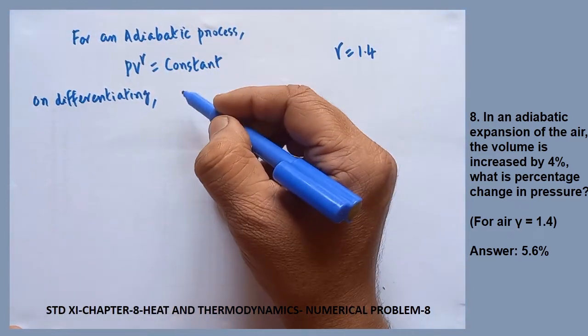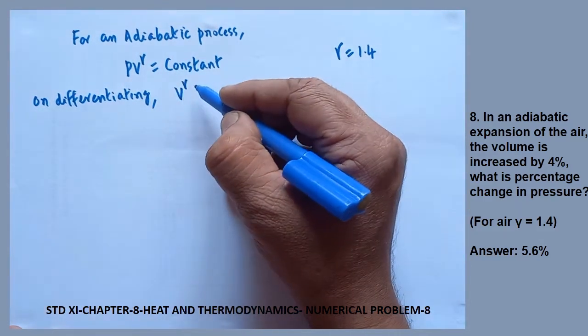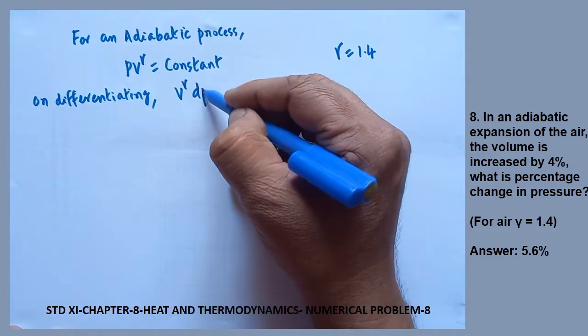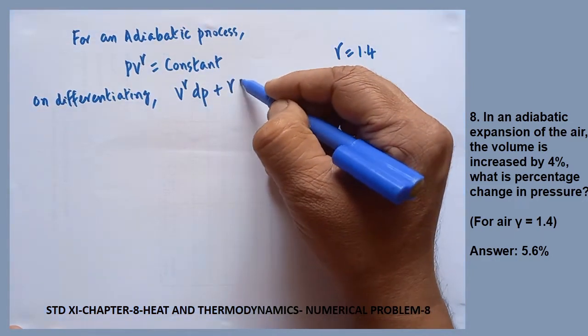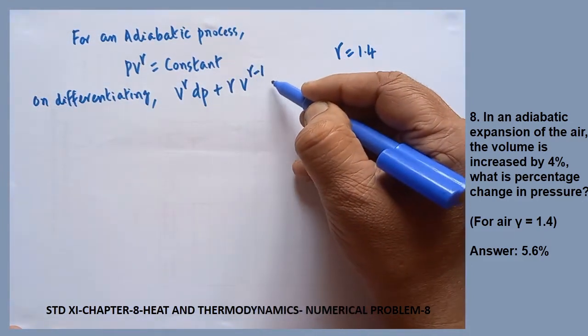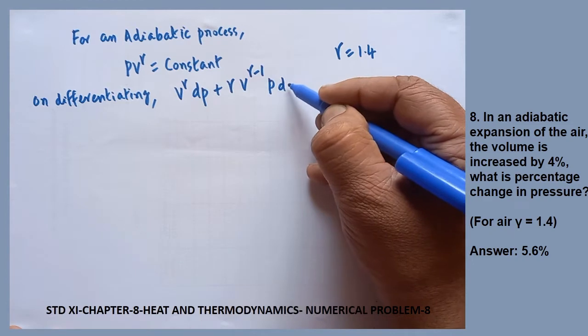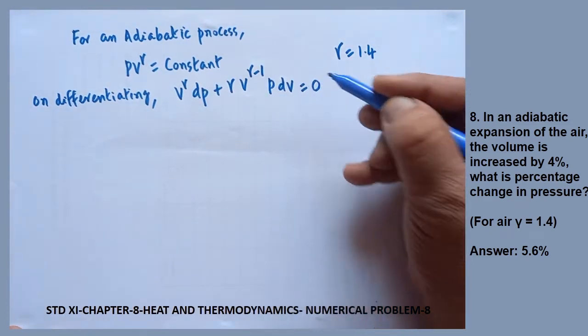I am going to differentiate this. If it is differentiated, you will get V gamma dP plus gamma V gamma minus 1 P dV is equal to 0.